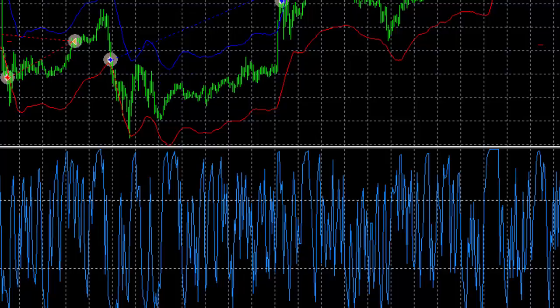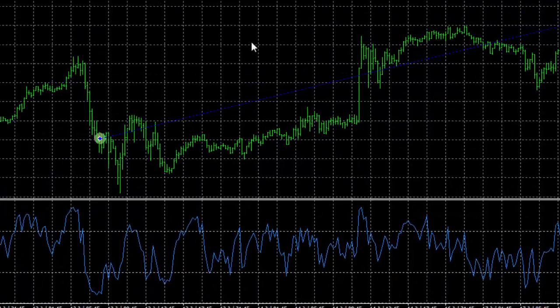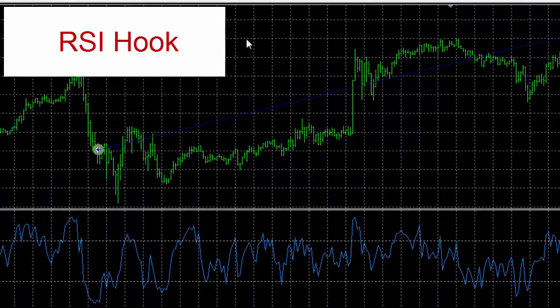Okay, so let's move on to the last signal. Right, so our last signal is the RSI hook signal. Now this signal again applies to settings that are specific to the time of day and the amount at which the RSI goes overbought or oversold.